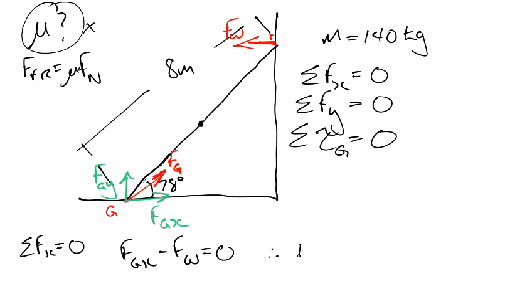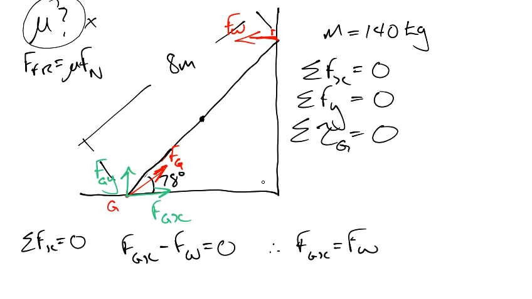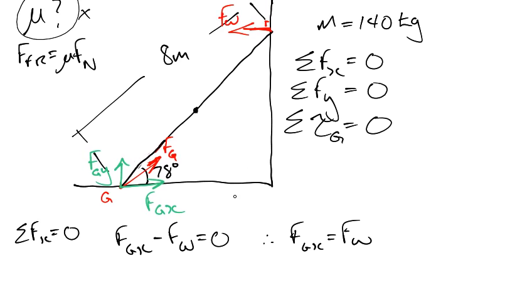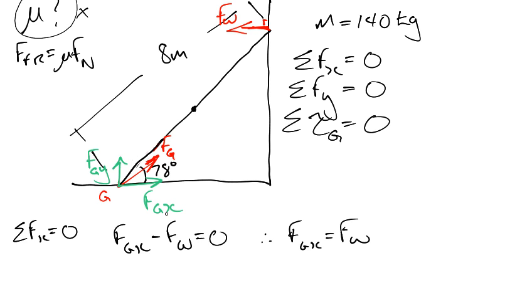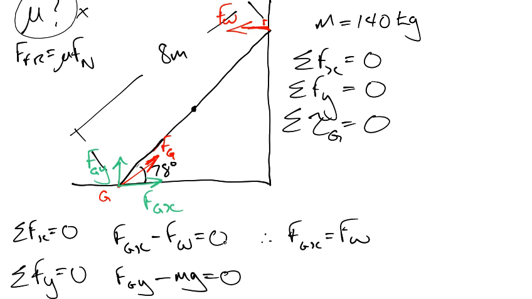Therefore, I can say that FGX equals FW. Done. I don't know what FGX is at this point, but if I did, I'd know FW. Let's continue. What about FGY? Summation of the forces in the y direction must equal 0. So that's FGY minus MG equals 0.